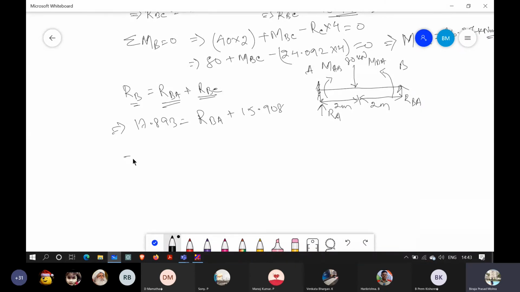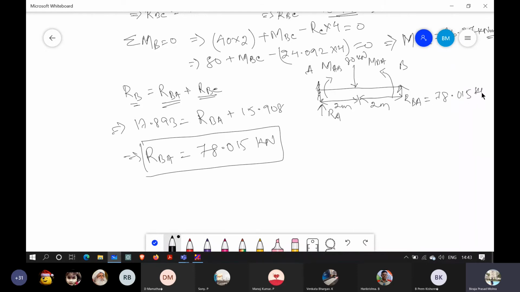So this implies RBA is coming as 78.015 kilonewton. Okay, so this is 78.015 kilonewton.